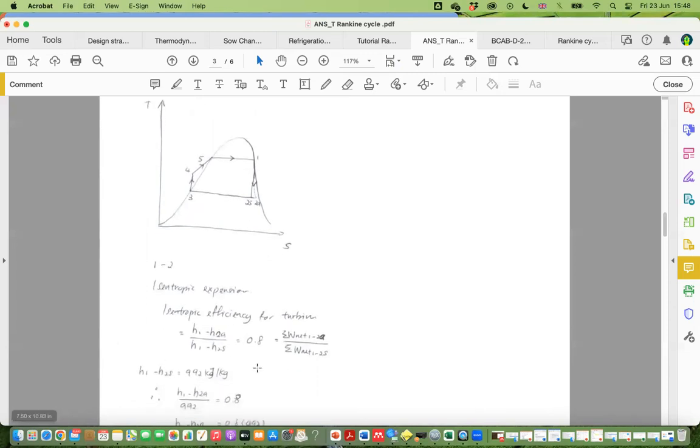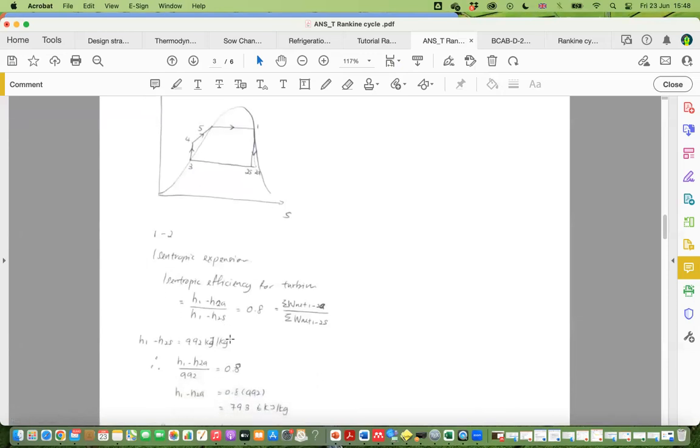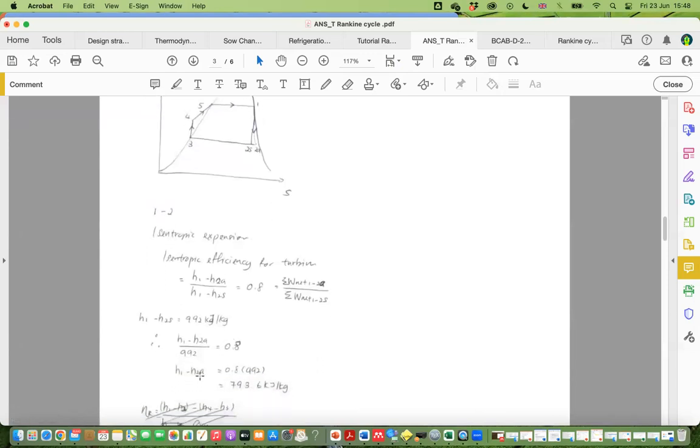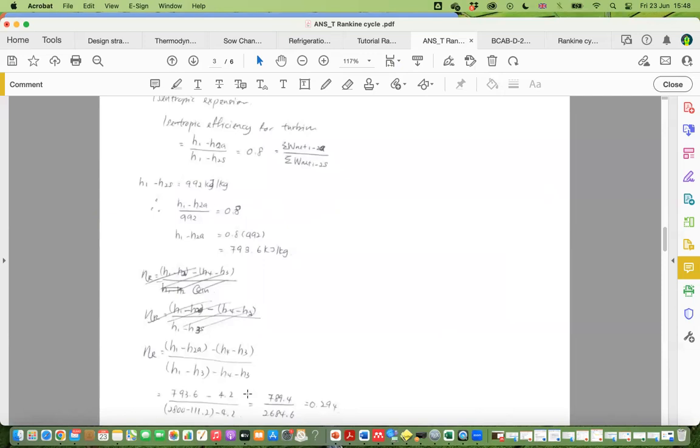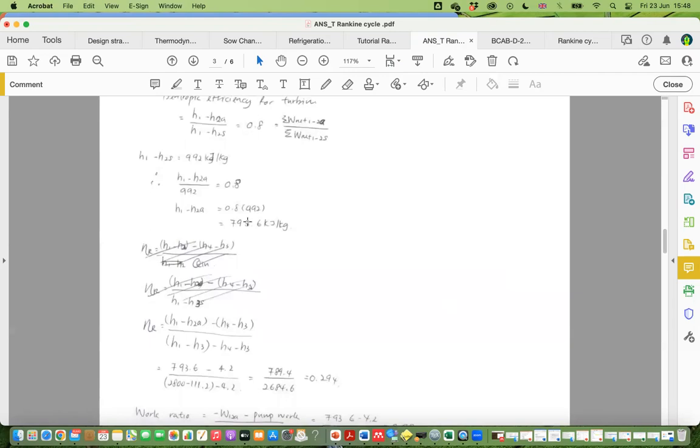So by referring to this equation, okay, you should be able to find your H1 minus H2A equals this value. You know the H1, right? So it's quite easy for you to find the H2A. Okay? But you don't need that because you need H1 minus H2A to put in the equation here.